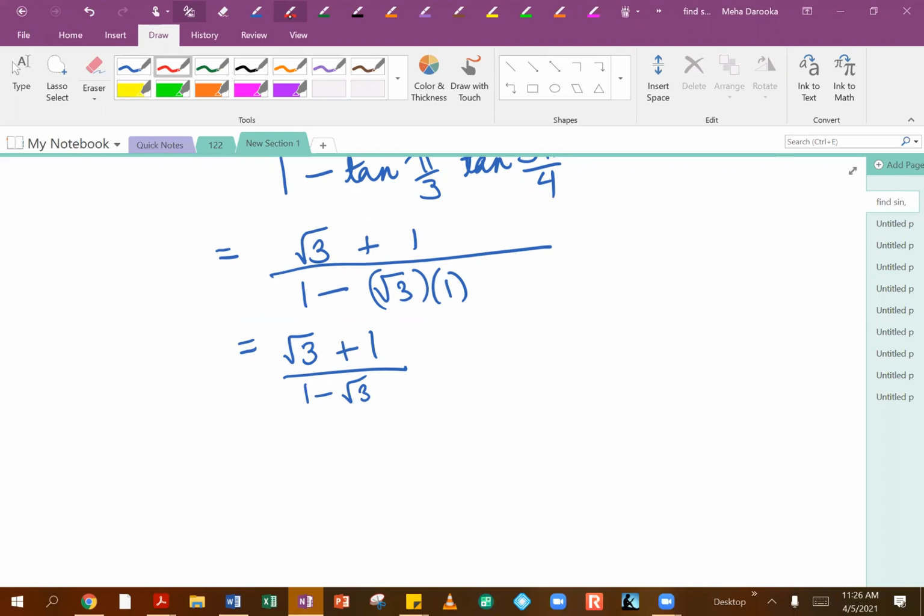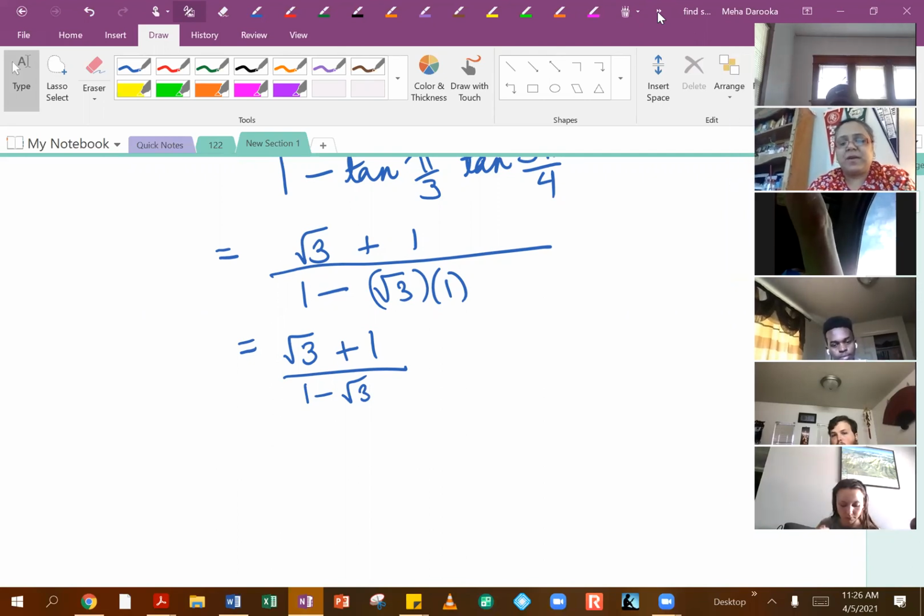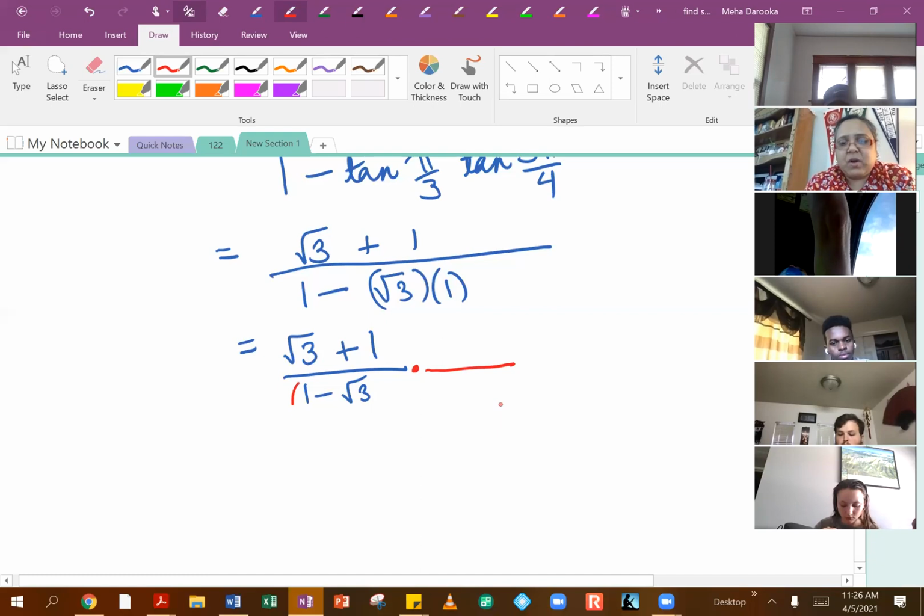So you will notice here that our denominator is actually a binomial term, right? We have 1 minus square root of 3. It's not just square root of 3 by itself. It has that 1 minus in front of it. So when you rationalize your denominator for these kinds of functions, remember we end up multiplying by the conjugate of the denominator.